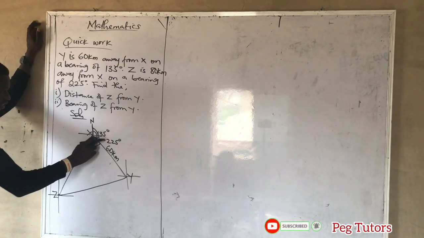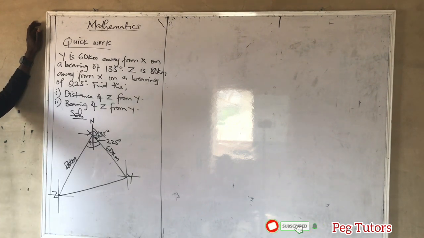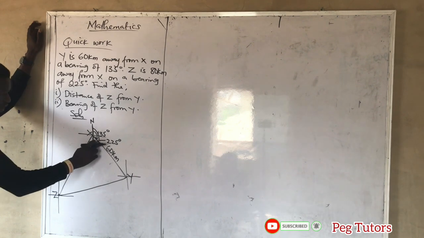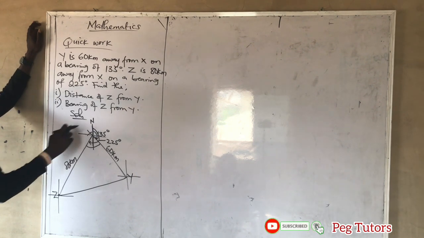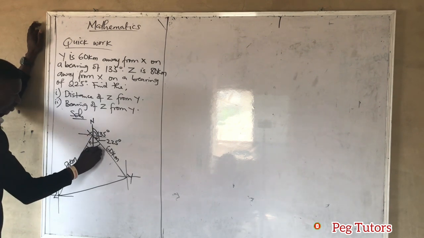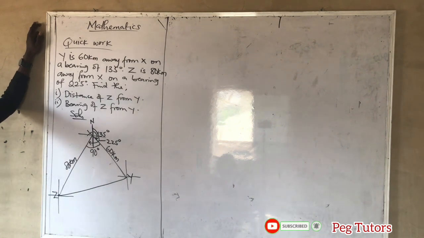Since we know the whole of this as 225, and we know from here to here as 135, we can actually know this angle here. It would be 225 minus 135, and that will give us what? 90 degrees. So this place is 90 degrees, which means one of the angles of the triangle out of the three is now known.